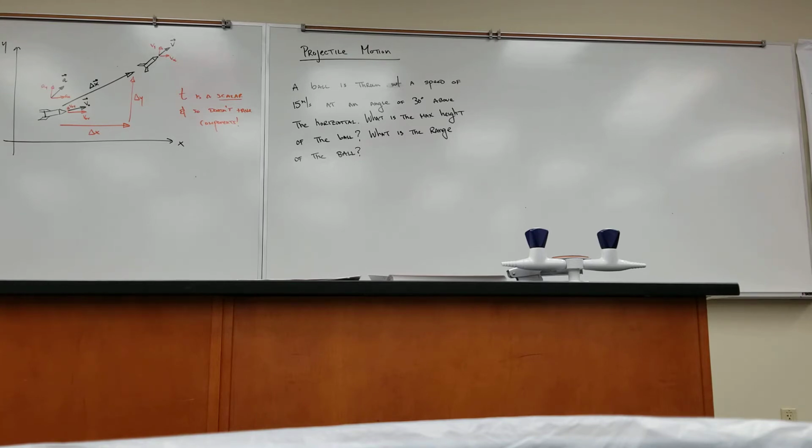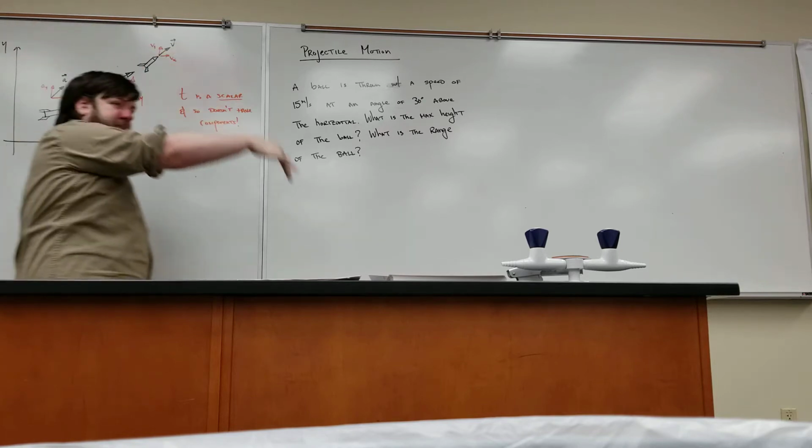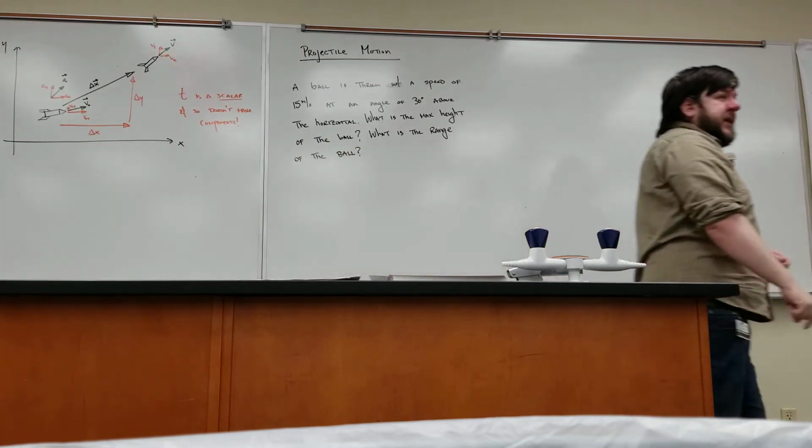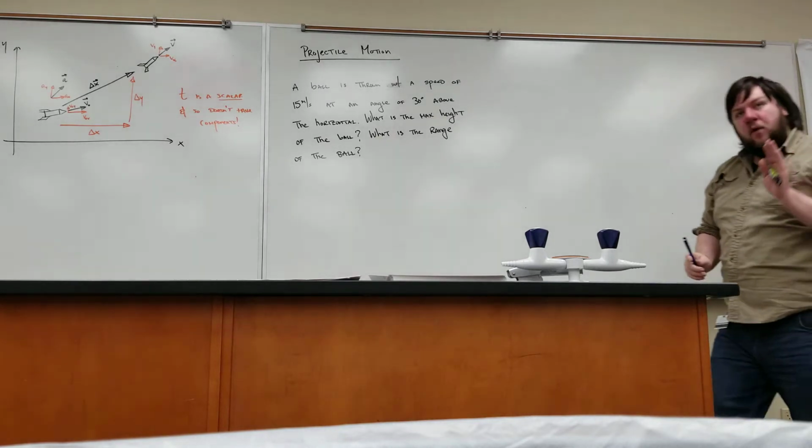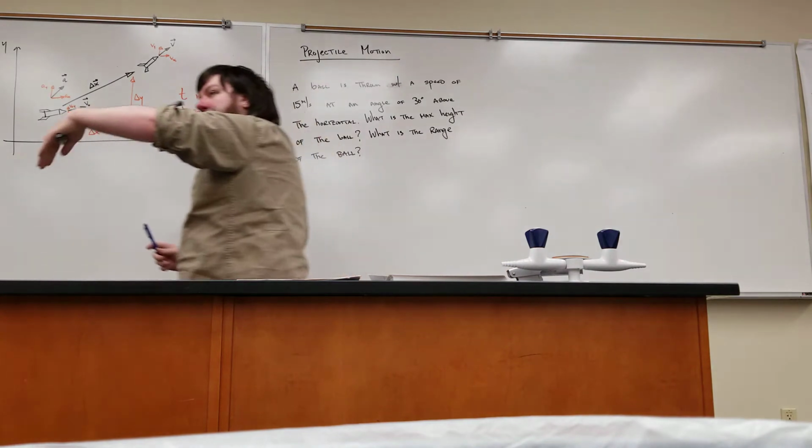Okay. I hope you guys all know this already intuitively. I hope each of you guys has thrown something at some point in your life. But if you throw something, the arc that it traces through the air is like an upside down U, right? It goes up and it comes down. Technically, its shape is an inverted parabola, but the point is that it forms this upside down arc.